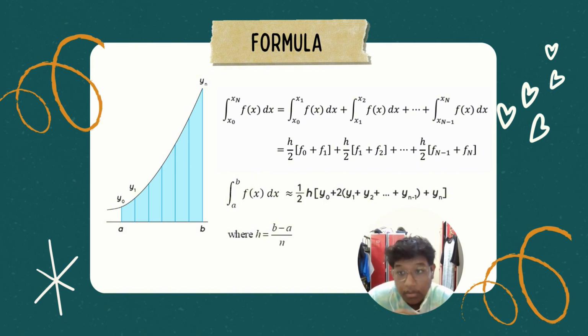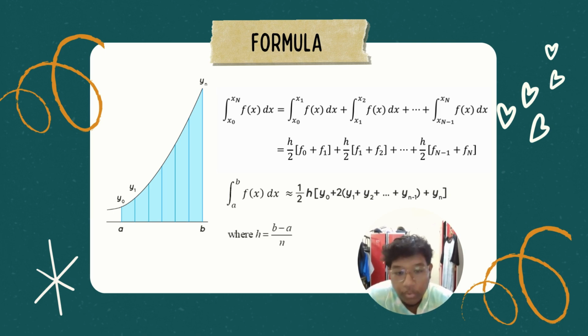For the formula, as you can see in the slide, you will be given a graph like this, and then you divide the graph into small trapezia. So you have y0, y1, until yn. The formula is the integral from 0 to n of f(x) dx, which is the integral from 0 to 1 of f(x) dx, plus the integral from 1 to 2 of f(x) dx, until the integral from n minus 1 to n of f(x) dx.